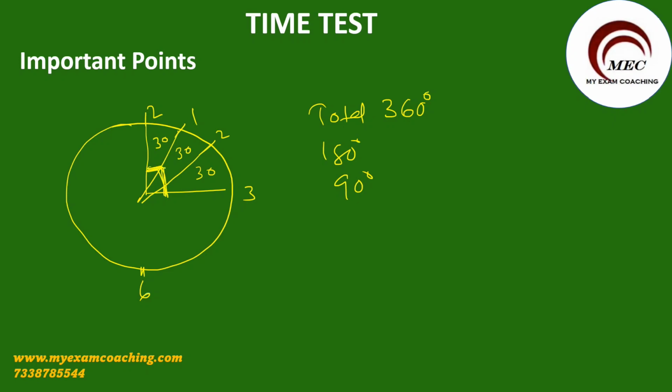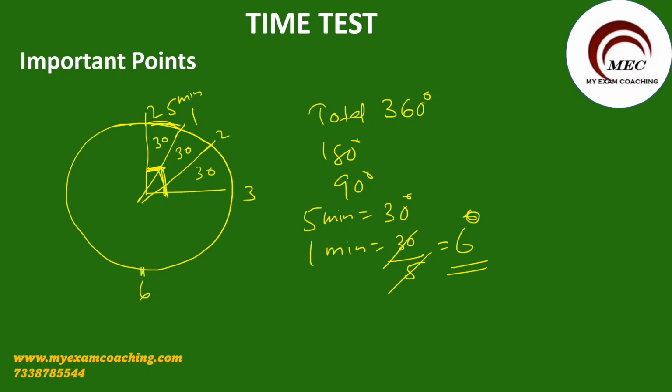Now 12 to 1, this is 5 minutes. That is what we have seen. 5 minutes is equal to 30 degrees. So 1 minute will be equal to what? 30 divided by 5, you can cancel, it becomes 6 degrees. So in 1 minute, the minute hand will move 6 degrees. What will happen to the hour hand? The hour hand moves in 60 minutes, in 1 hour.